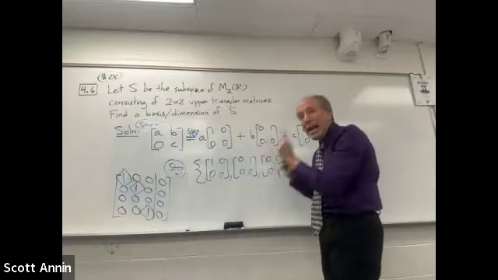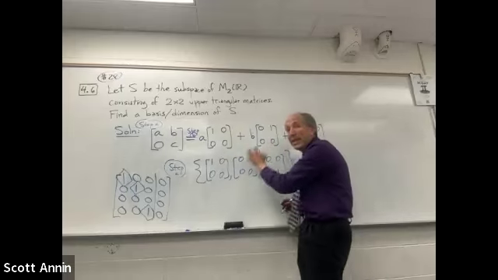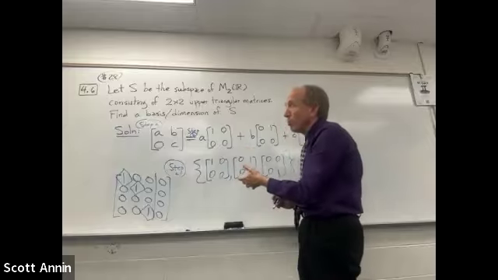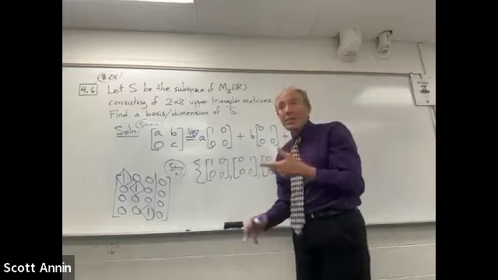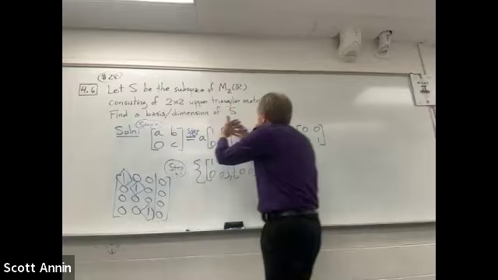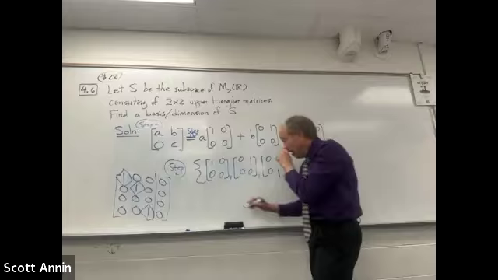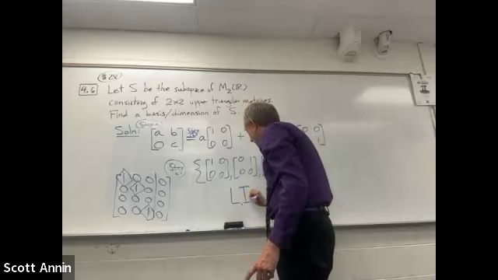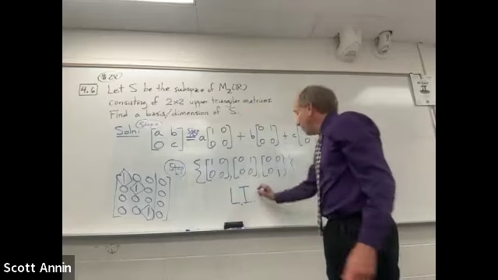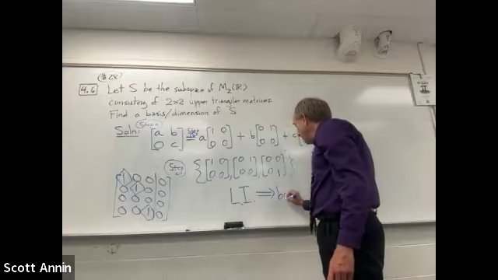It's LI, and it was already a spanning set, because we learned how to do that in section 4.4. Finding spanning sets. You write down the form of the vector, you bust out the variables, and you make your list. This is your spanning set, but it's more than just a spanning set. It's also LI, and that means that it is a basis.